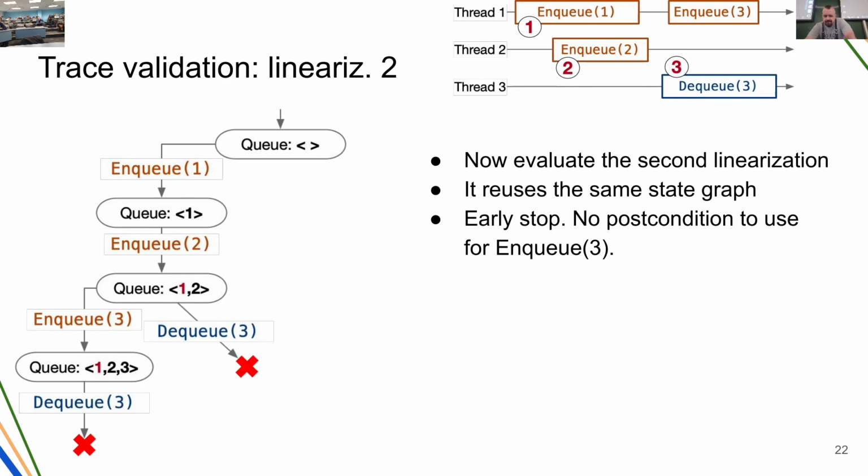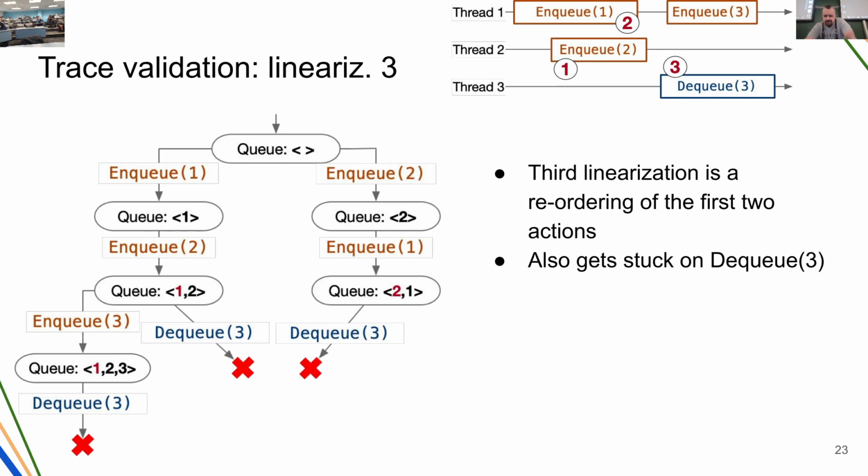Next, well, we can backtrack and make another choice in our decision tree. Try to DQ3 before we enqueued 3. Obviously that won't work, but TLC doesn't care, it's just enumerating things. It turns out that also doesn't work for the simple reason that the head of the queue is still 1. And you can go back and say, well, actually, we could have enqueued 2 and 1 the other way around.